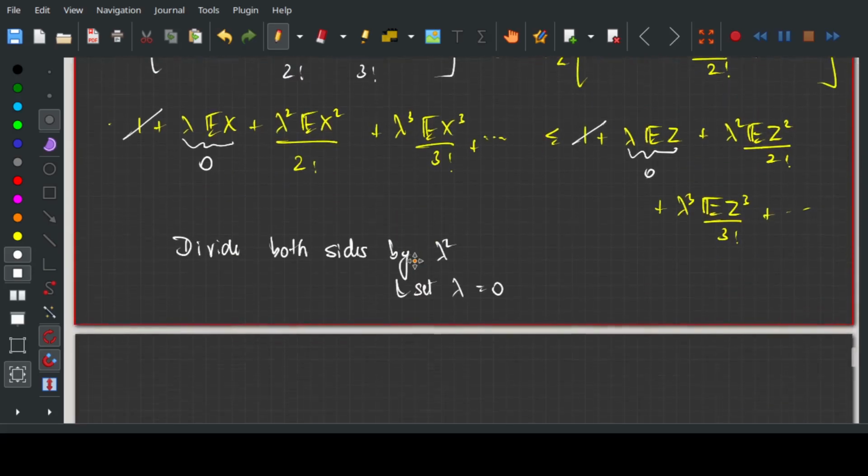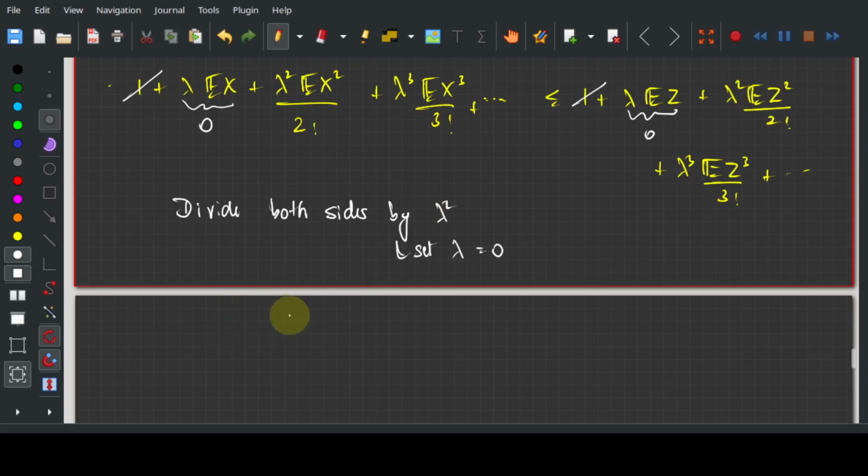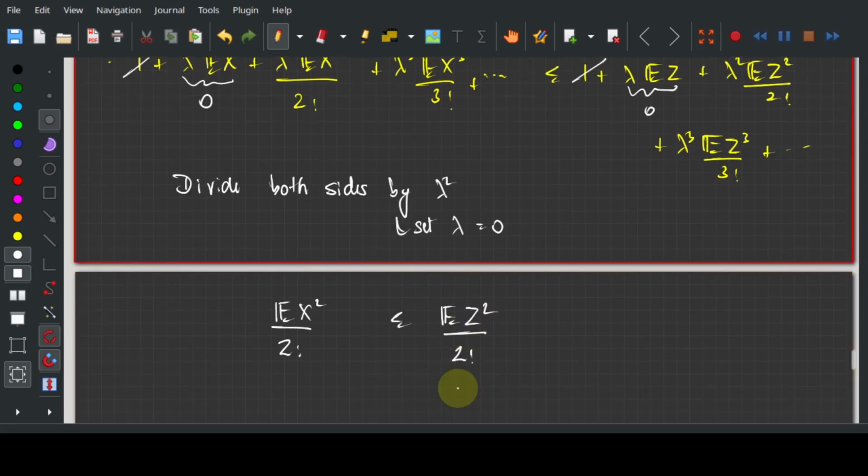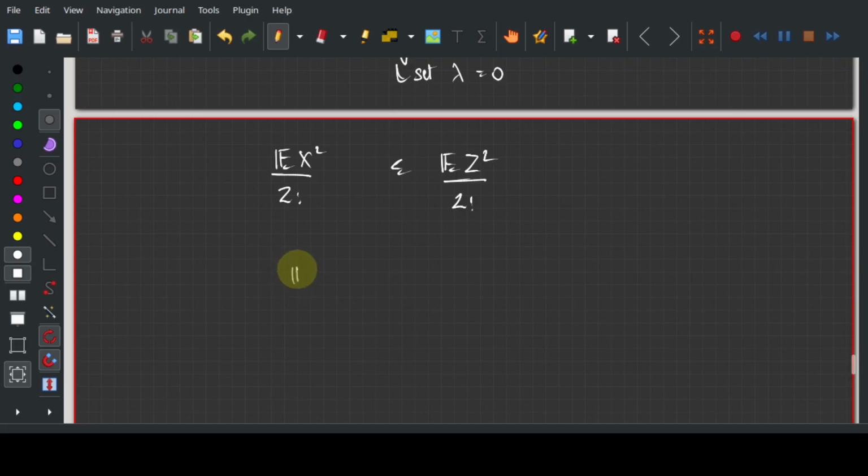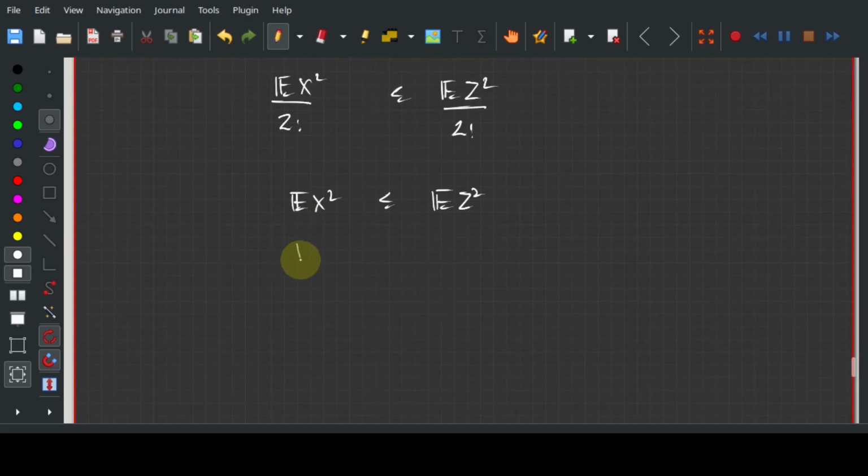Right? So if I divide both sides by lambda square, then I get expected value of x square by 2 factorial is less than or equal to expected value of z square by 2 factorial. Right? Which just gives me expectation x square is less than or equal to expectation of z square, or the variance of x is less than or equal to v square.